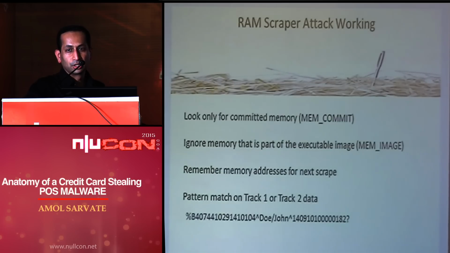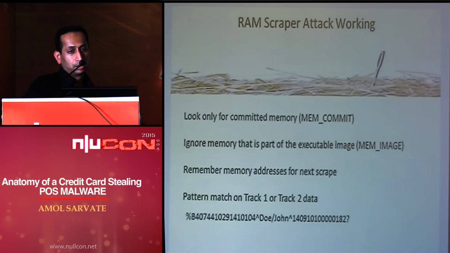If you have used Perl, Python, PHP, C++, anything, you must be familiar with regular expressions, right? Using very simple regular expressions, you can give a pattern saying, okay, don't give me only memory that is committed in the RAM.